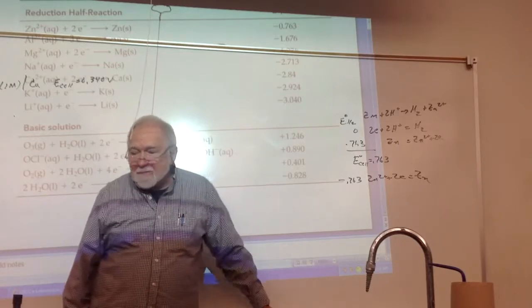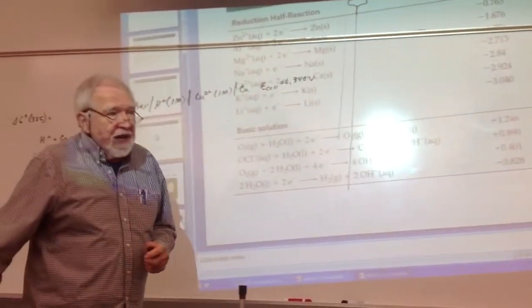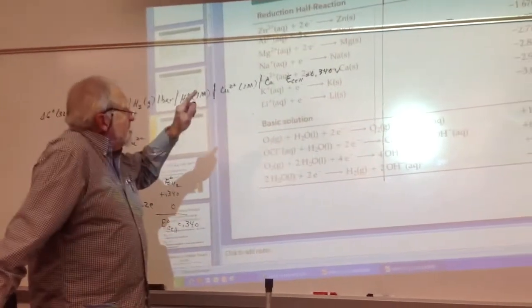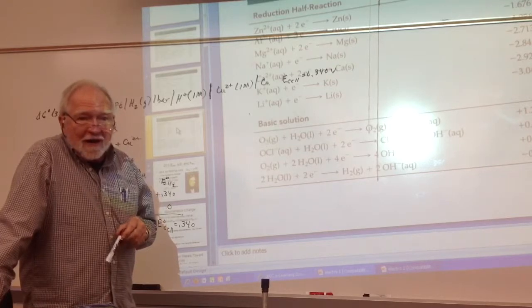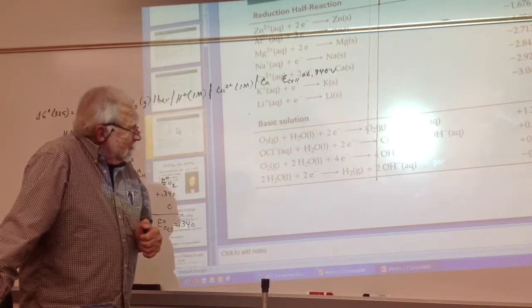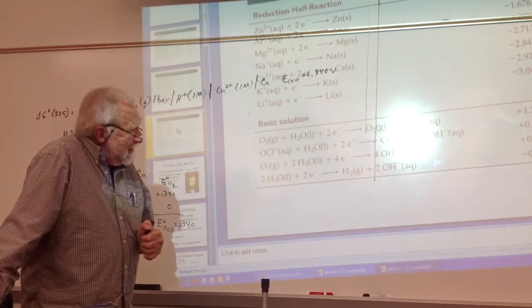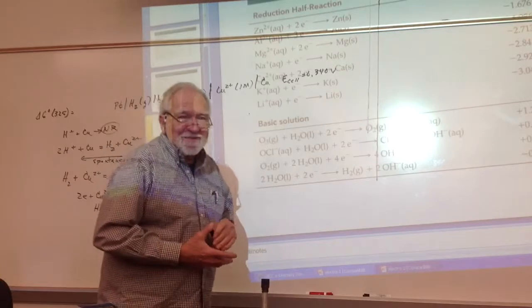Now the thing we tabulate are standard reduction potentials. They're all referenced to the hydrogen as being 0. Except that I always make this joke. One of my fellow graduate students in the biochemistry department, he was a really bright guy. The biochemists don't know anything about chemistry.